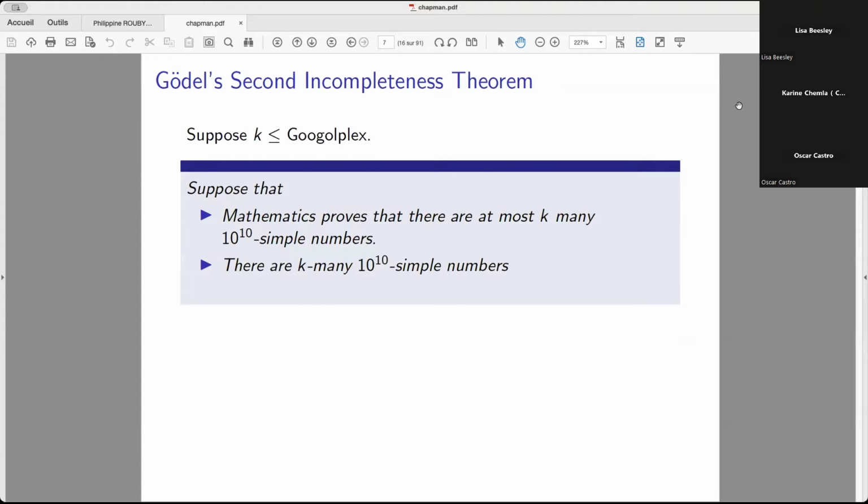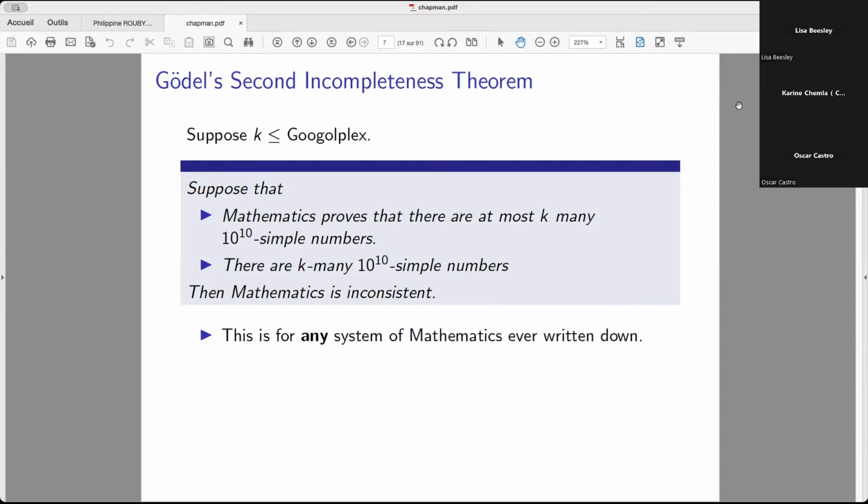So let's take K to be at most a Googleplex. Suppose mathematics proves there are at most K many 10 to the 10 simple numbers. Well, we already know that's true if K is equal to a Googleplex. Now suppose there are K many 10 to the 10 simple numbers, and mathematics is inconsistent.